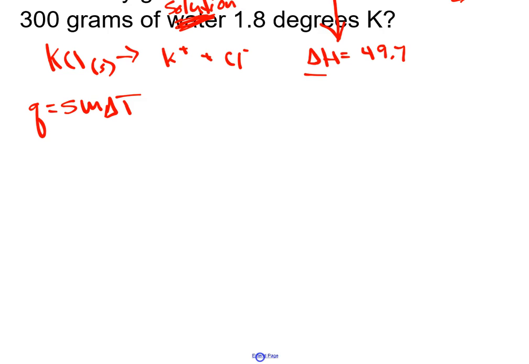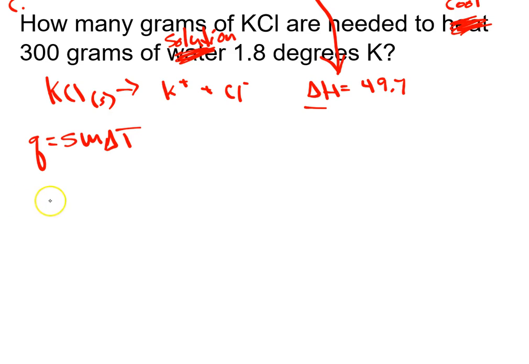All right. Now, we have some of these values. We have S is 4.184, correct? Yes. Okay. All right, it's 4.184.